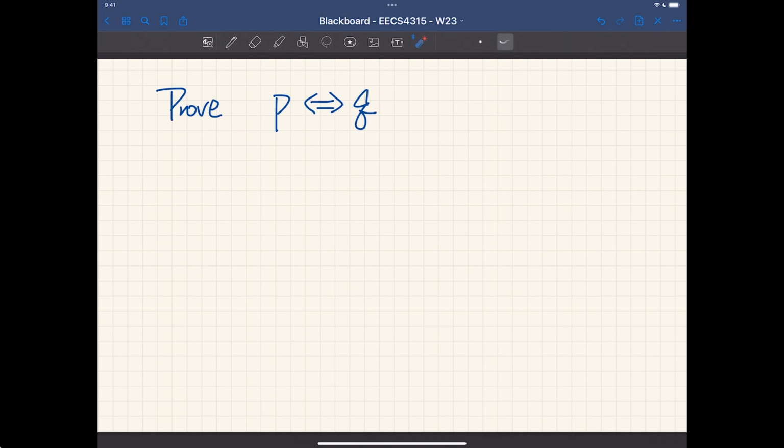One way you can remember is like this. When you write P if and only if Q, you can think about this part over here as the if part. That's how I remember it. This is the if part, and this one over here is the only if part.